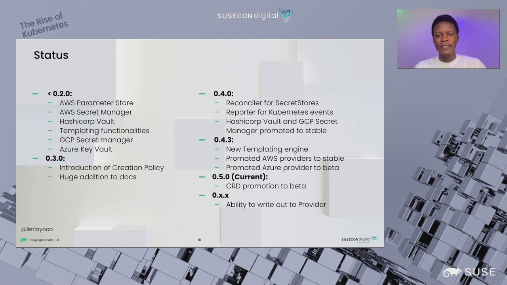And in later versions, we're going to be having a two-way sync so that you can write to the provider. Currently, you can synchronize data by retrieving data from the provider onto your cluster. But in later versions, we're looking at allowing you to sync from your cluster to the external secrets provider. And so that's the status of ESO at the moment.